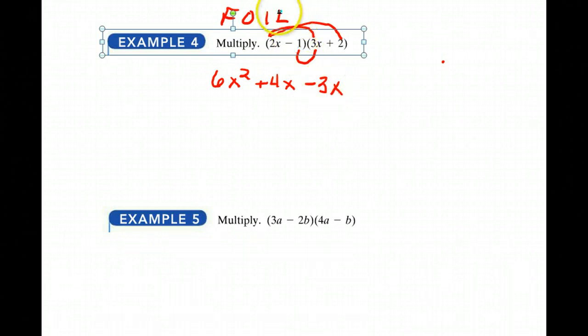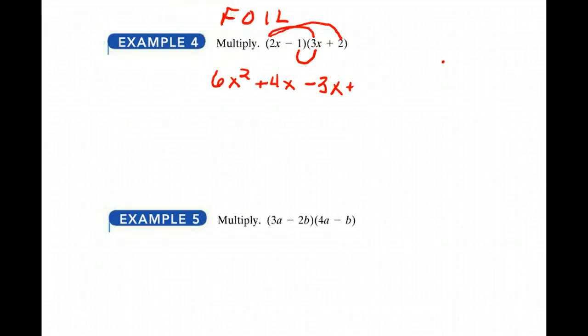And then L is last, which is the last terms in each quantity. Oh, excuse me, that's not the right step there. We want the last terms in each quantity. I apologize, which is negative 1 and 2.